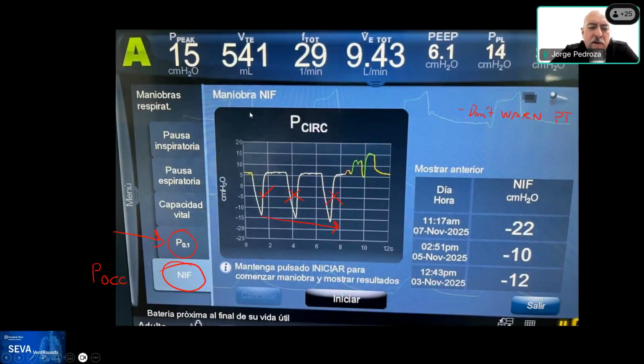So what it means is that the PMI in this case is minus 20, which is high, which means that the patient has high drive. So, high respiratory effort.